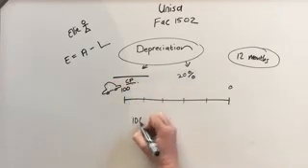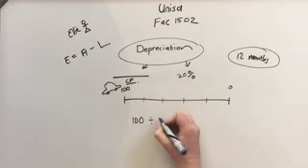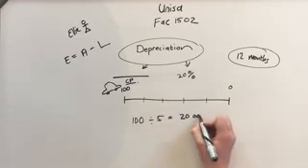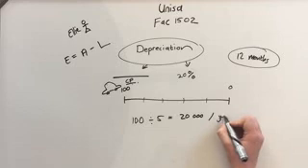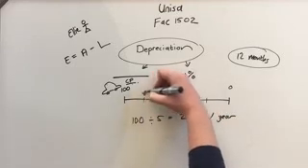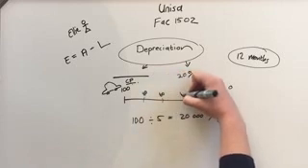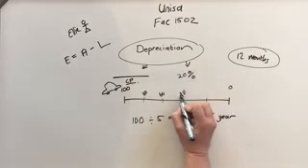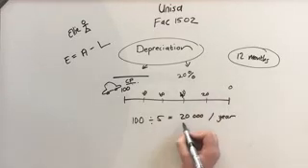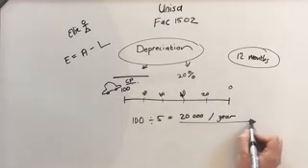So if it's 100 over 5 years, you purely say divided by 5 equals 20,000 per year. So here it'll be worth 80, 60, 40, 20, 0. So each year your depreciation would be 20,000.